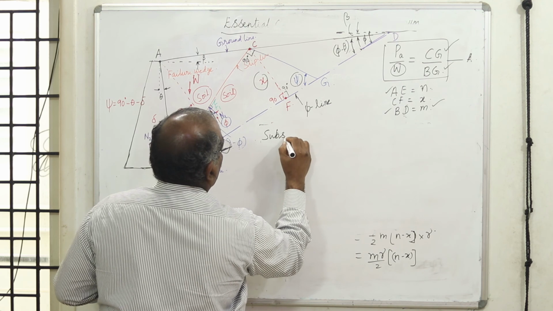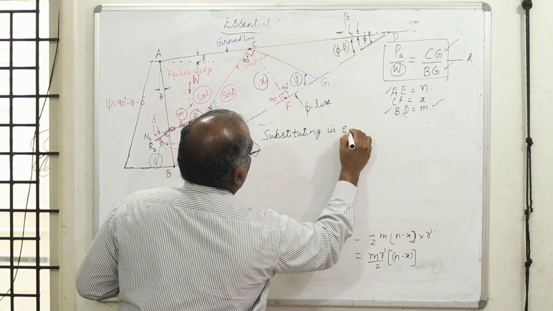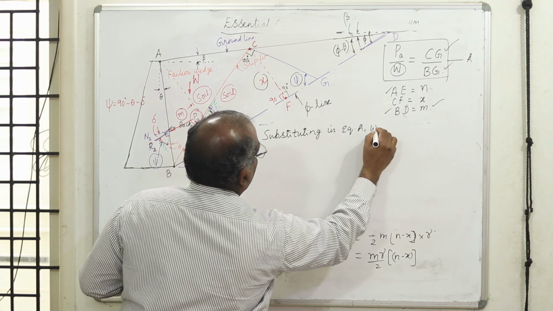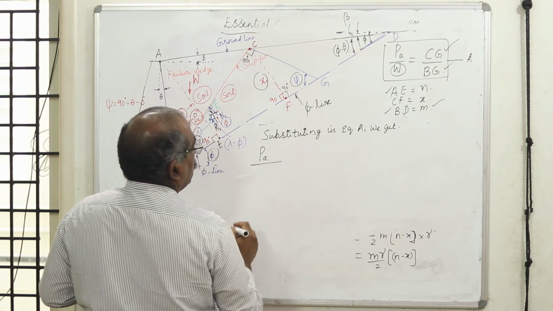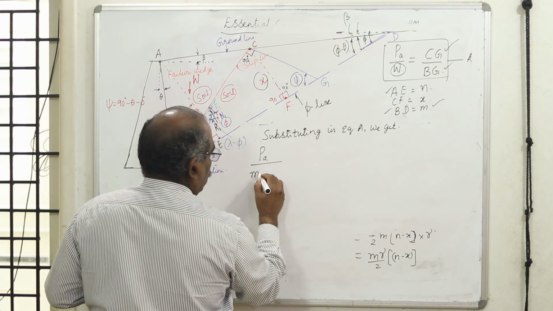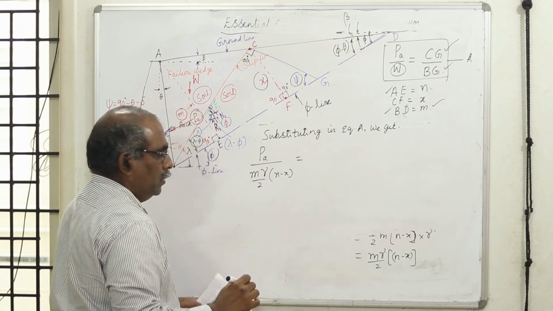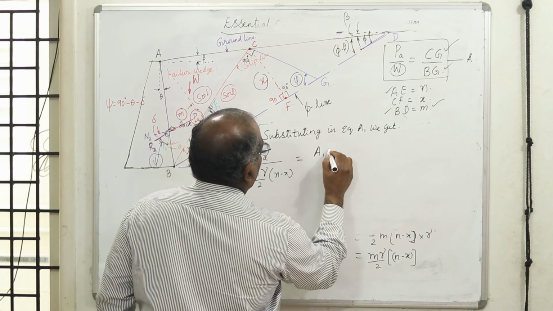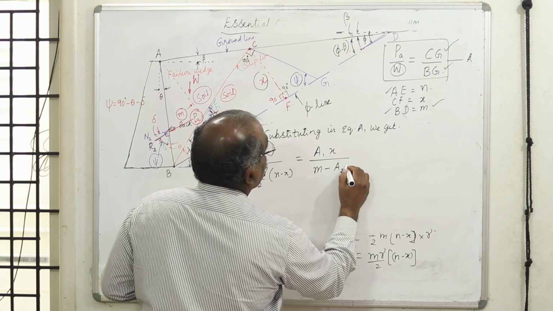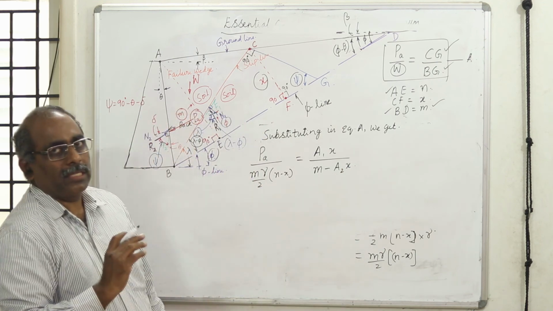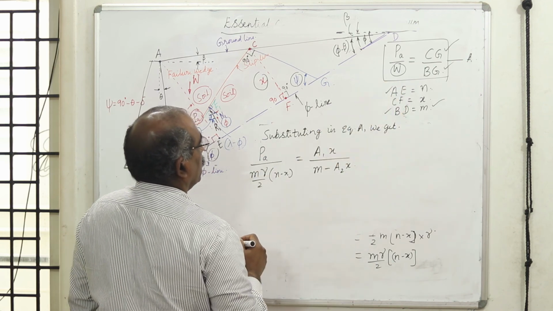Substituting in equation A, we get PA by, for W it is m into gamma by 2 into (n minus x) must be equal to, now CG is nothing but A1 into x by 2, m minus A2x is BG. Now this is the simplified version for expression A.